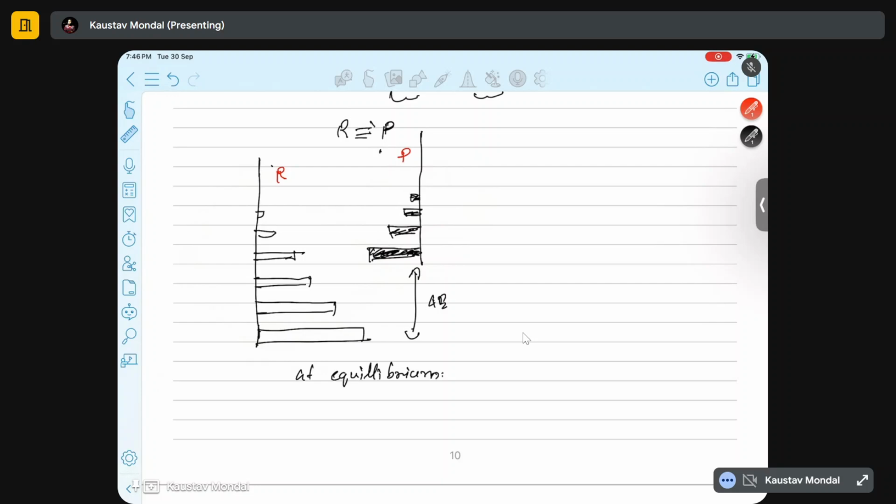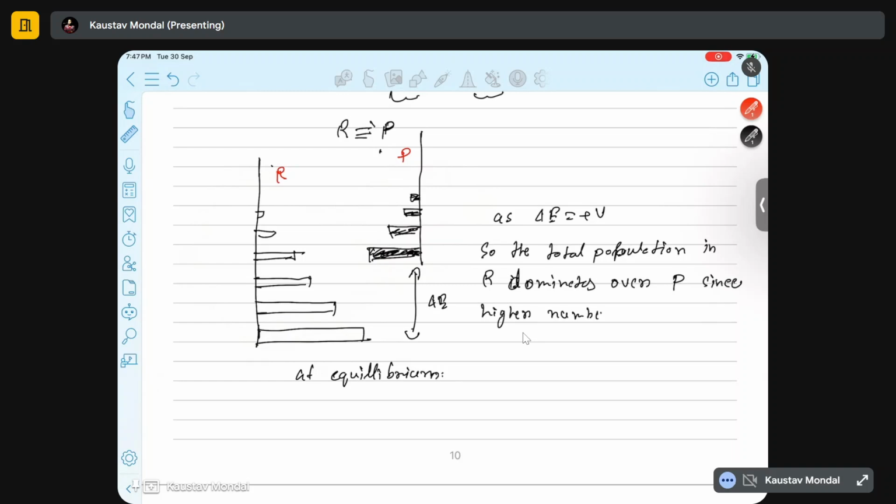So let's write this: as delta E is positive, the total population in R dominates over P since a higher number of accessible states are available.